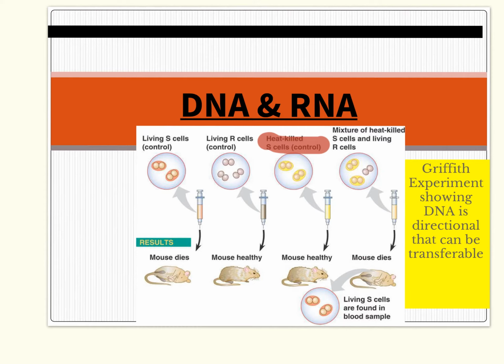So the hypothesis, which eventually got proven true, was that the directions, the DNA from the S cells, the killer cells, had actually gone into the non-lethal R cells. And when that happened, it killed the mouse.